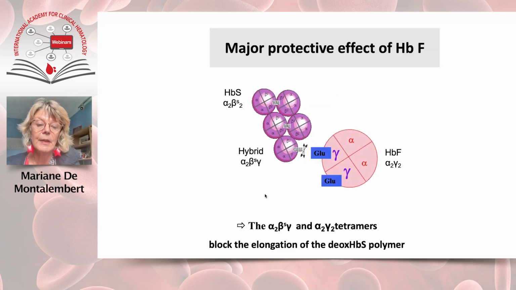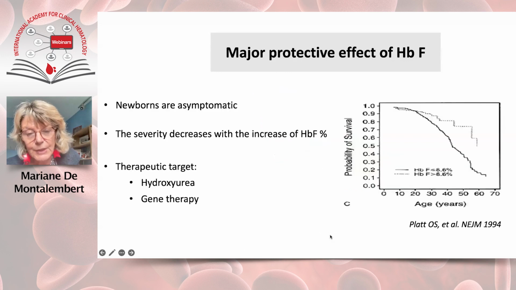Indeed, the tetramers, the hybrid alpha-2 beta-S gamma and alpha-2 gamma-2 HbF, do not enter into the polymer of the oxyhemoglobin S and block the elongation of this polymer. And we have known for many years that there were major protective effects of HbF because newborns are asymptomatic.